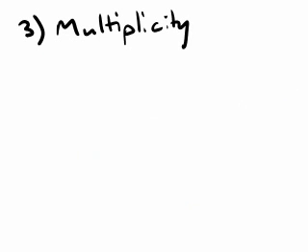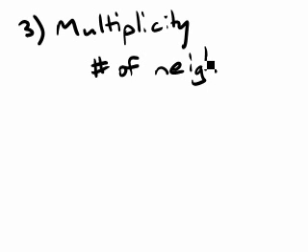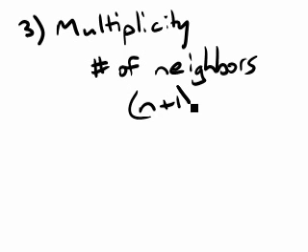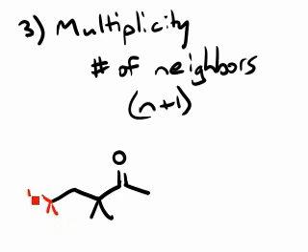And what the multiplicity tells us is the number of neighboring H's. The number of neighbors. And we've already said there's the n+1 rule. So for example, here we have a signal coming from 3 hydrogen atoms.